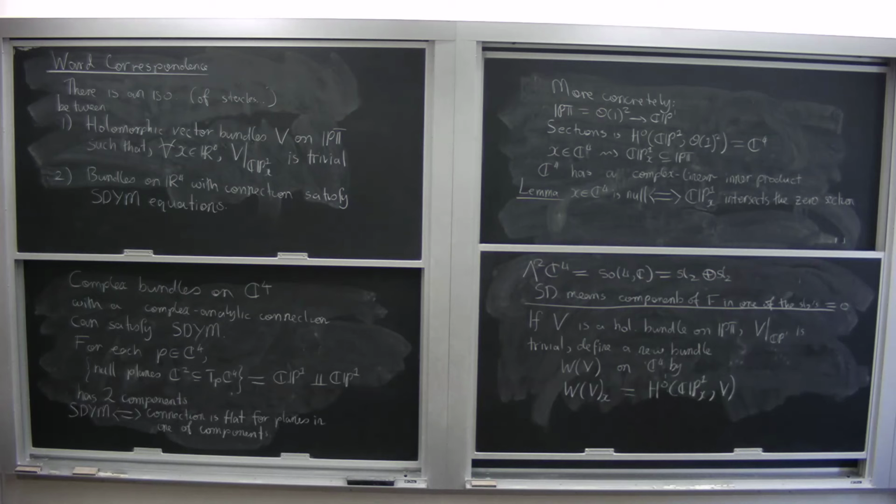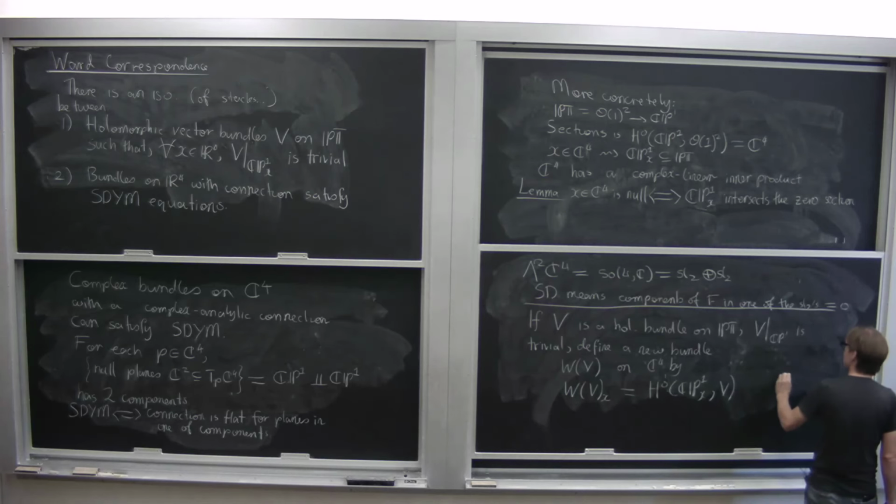So for a connection, we need to give an isomorphism from WV at X, the fiber at X, to the fiber at some point which is a first order deformation of X. Is there a holomorphic map from twistor space to C4? No, it's a correspondence, because twistor space is an open subset of the Grassmannian, Gr(2,4).